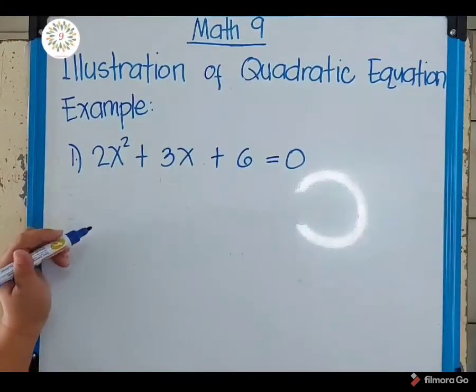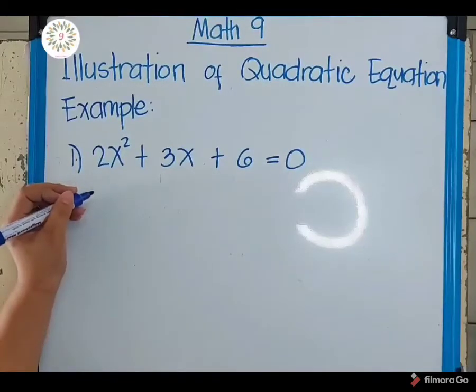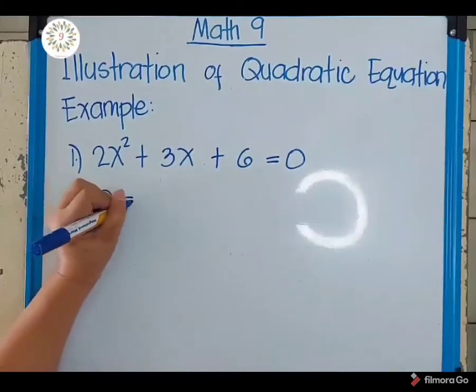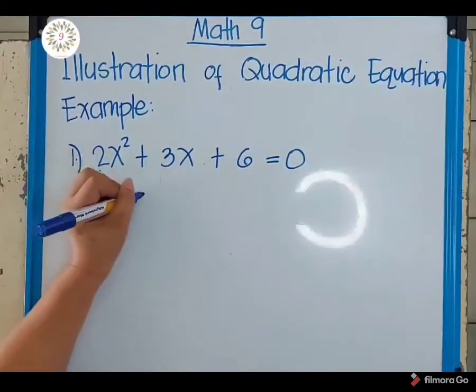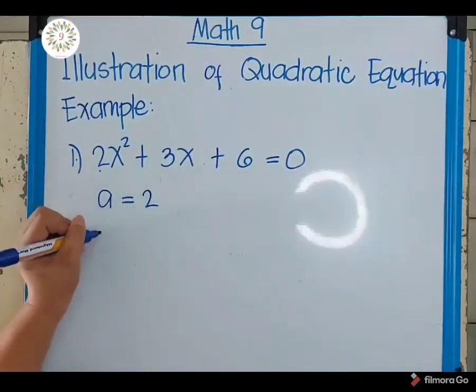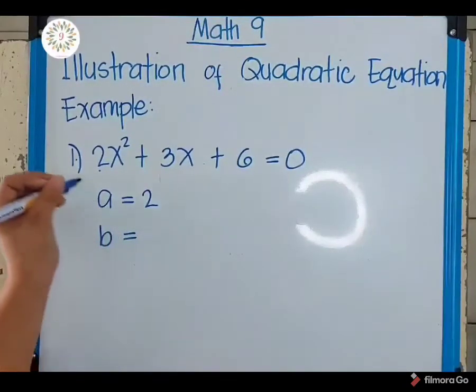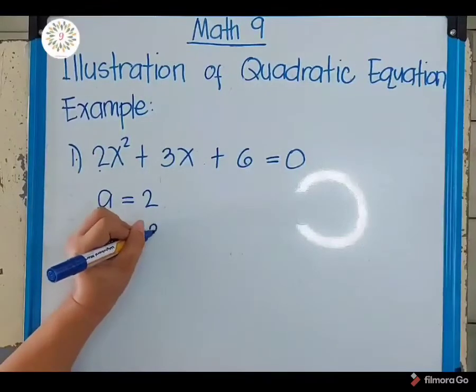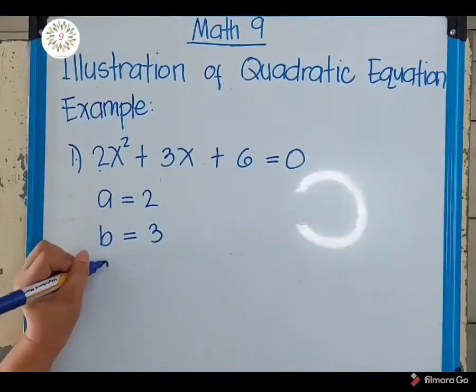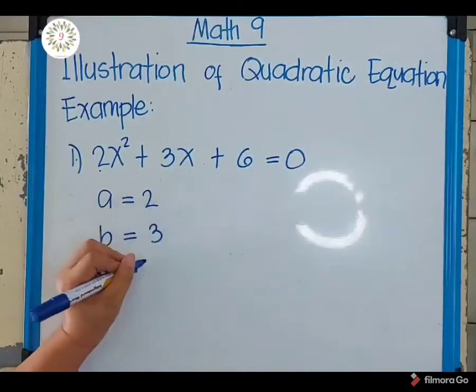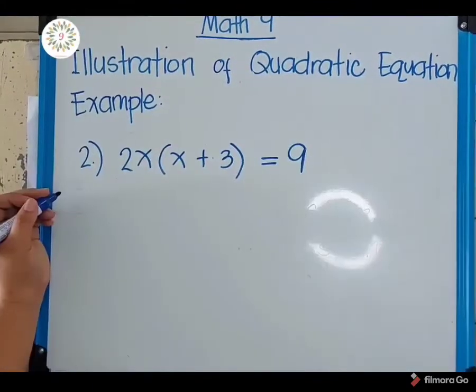Let us now identify the values of a, b, and c. The value of a is 2, the value of b is positive 3, and the value of c is positive 6.